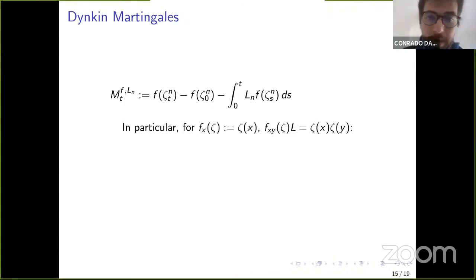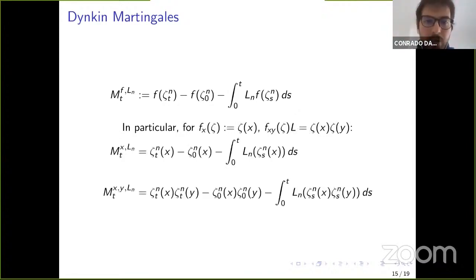In particular, bounded continuous local functions, these two projections and the product of the projections, are allowed. So we can consider the single coordinate projection and the product of two coordinates. These two martingales will tell us the expected value, what is happening with the drift, and what is happening with the variance of our process.